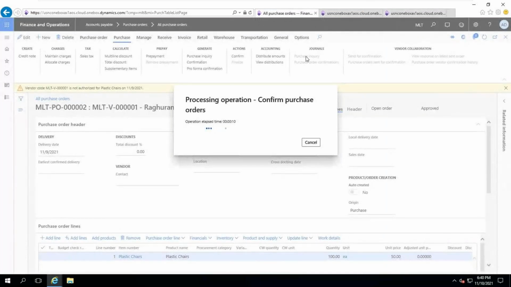So yesterday we got a warning message that it is not authorized. So what does this mean?